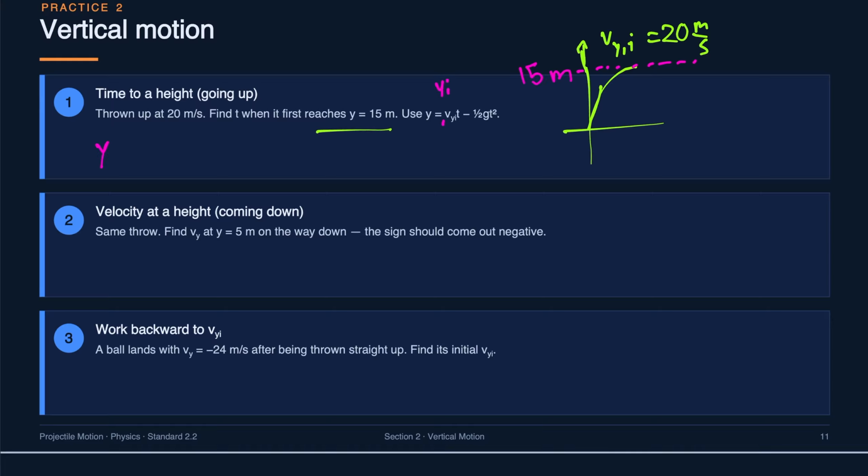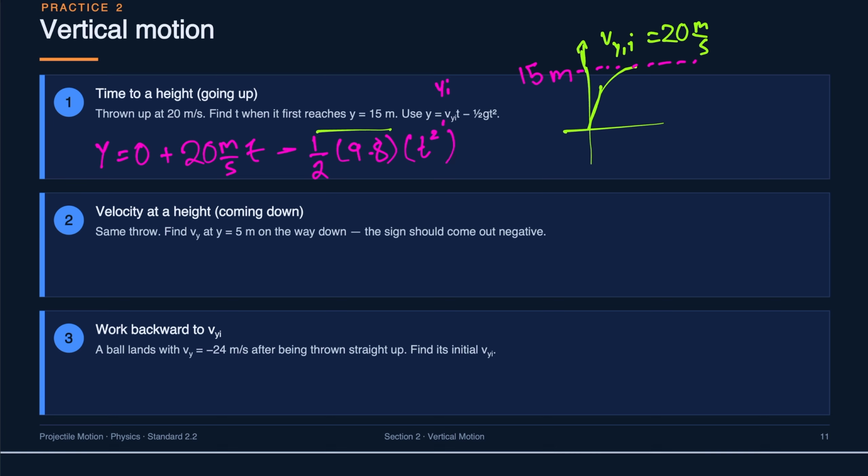Because we started at 0. So it's basically equal to 0 plus vyi, 20 meters per second, times t minus 1/2 times 9.8 or 9.81, either one works, times t squared, which we still don't know.